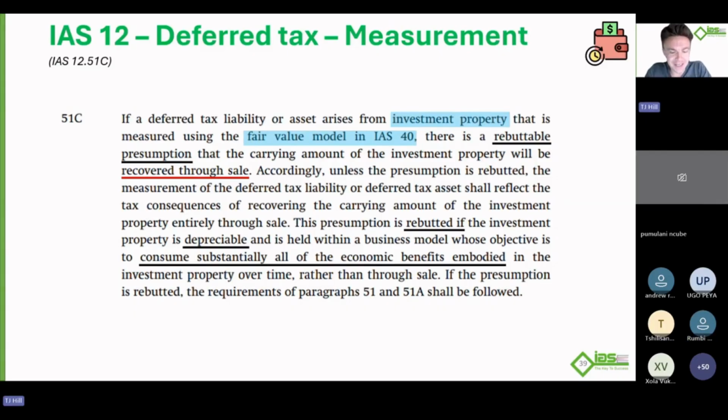Thanks, though. Okay, so a fair value for an asset is the estimated price to sell it, right? For a liability, it's to settle it. I'm paraphrasing this definition, okay?